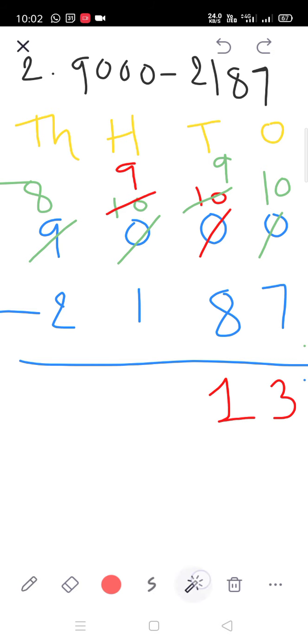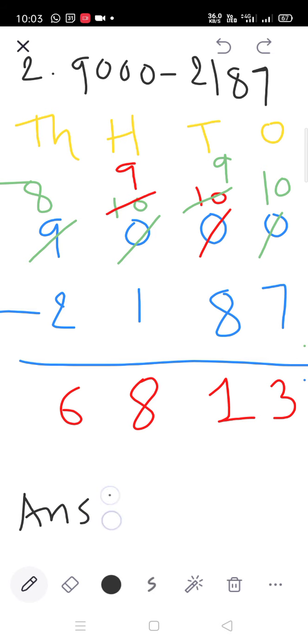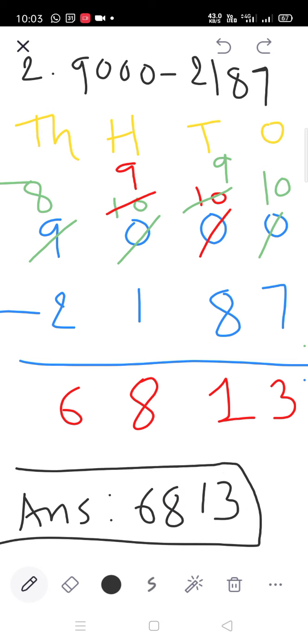Then 9 minus 1, 8. And last, 1,000 place subtraction, 8 minus 2, 6. So your answer is 6,813. This is your answer. Write down in your notebook.